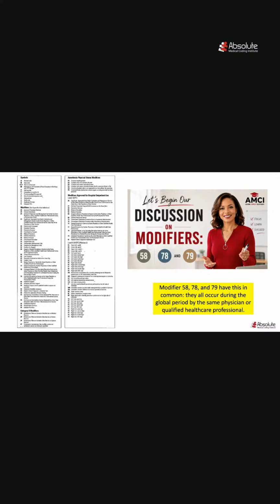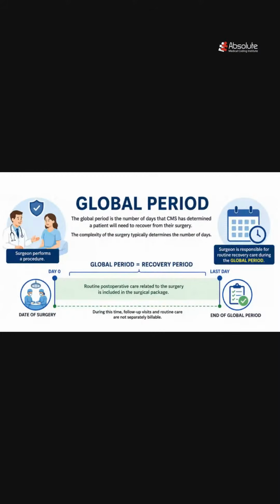Now, what is a global period? Well, a global period is the number of days that Center for Medicare and Medicaid Services has determined that a patient will need to recover from their surgery.